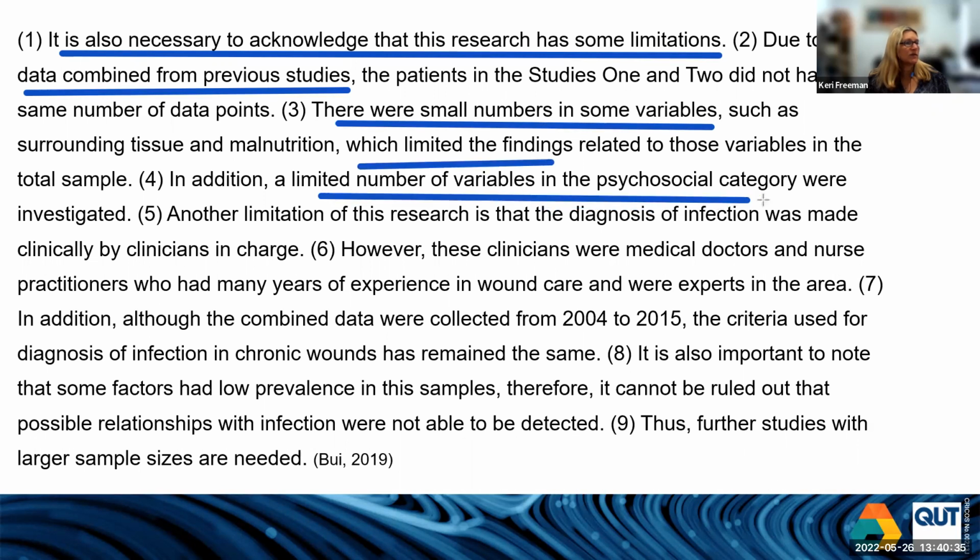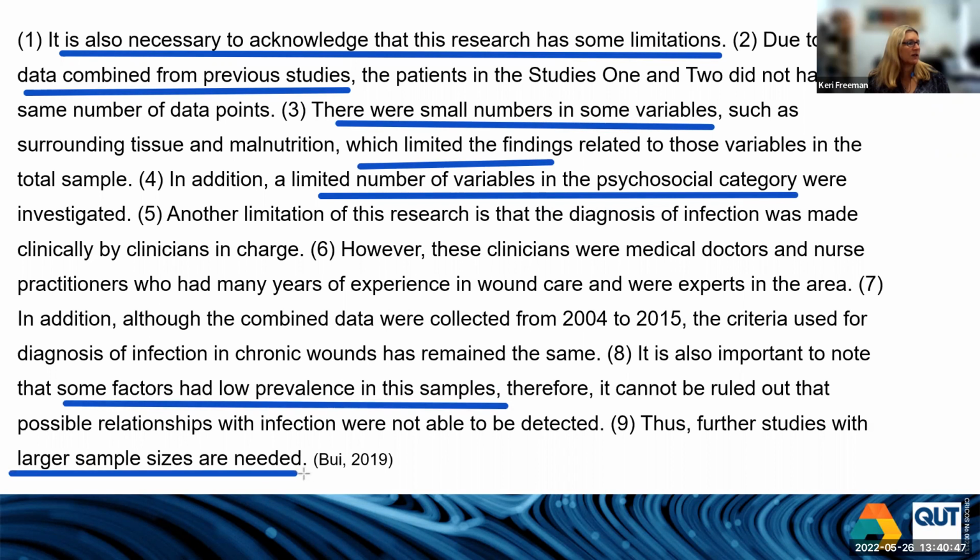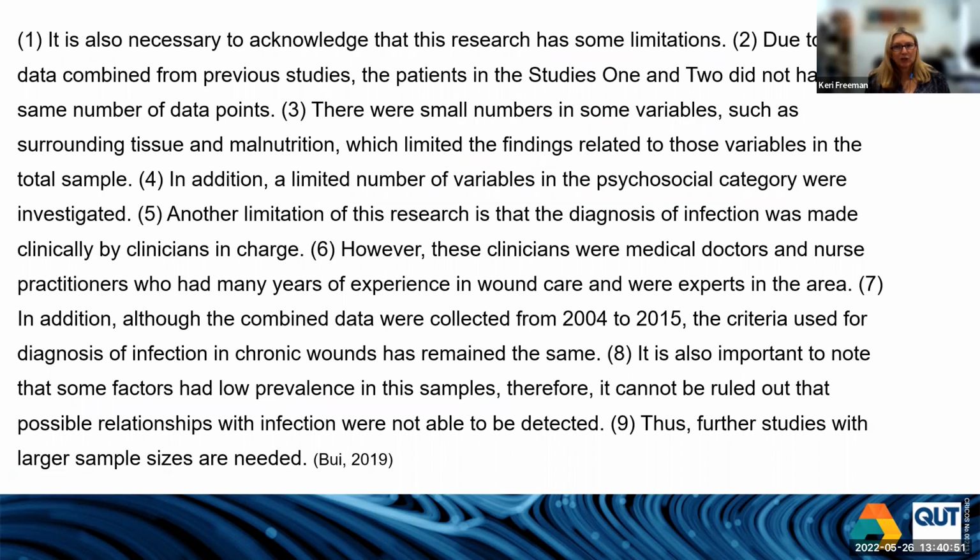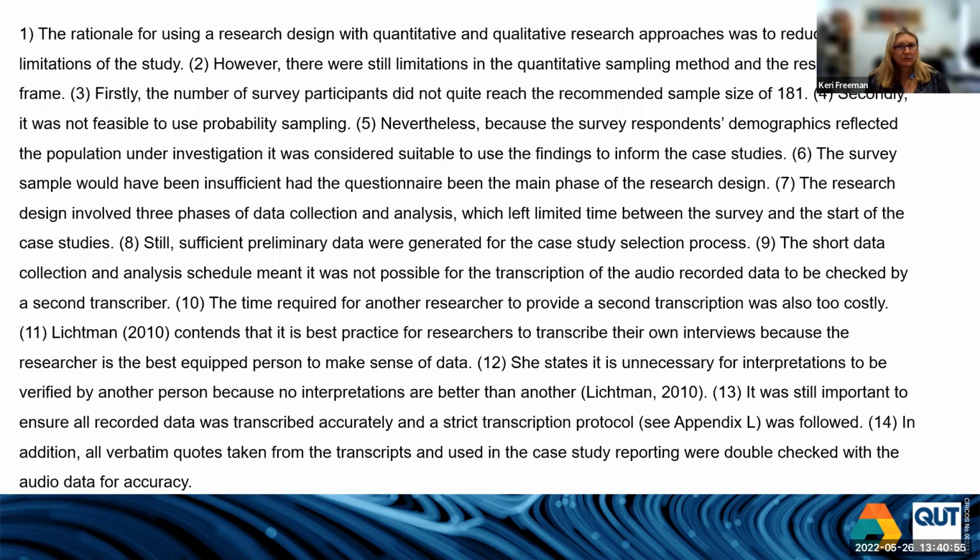Limited number of psychosocial category, and some factors had low prevalence. So we need some larger sizes. So again, you don't have to say much. You've just got to acknowledge.